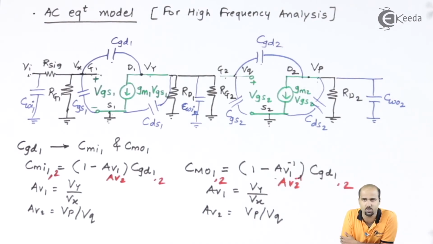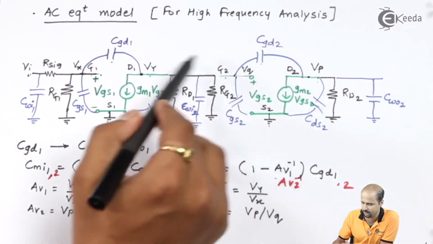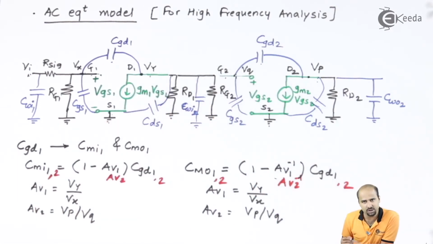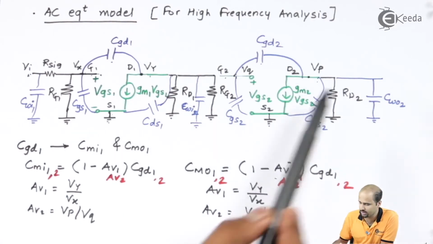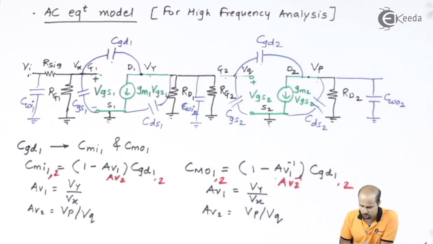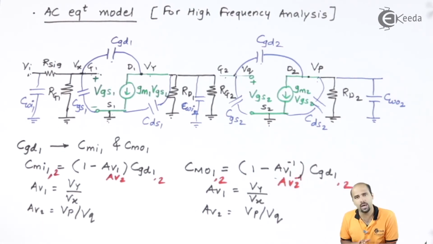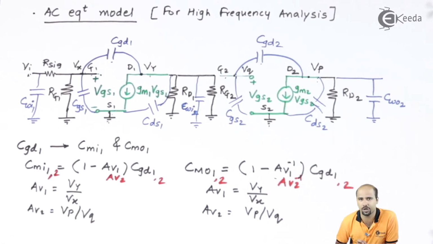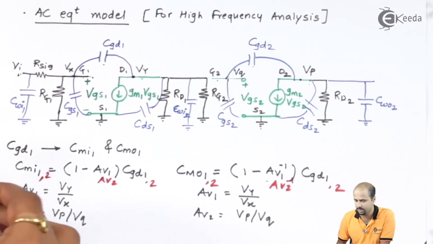The second RC circuit we get between the input of stage 2 and the output of stage 1, that is here. And the third RC circuit we get at the output of stage 2, that is here. We will draw one by one and calculate the high frequency cutoff one by one, with one particular RC circuit 3 times.